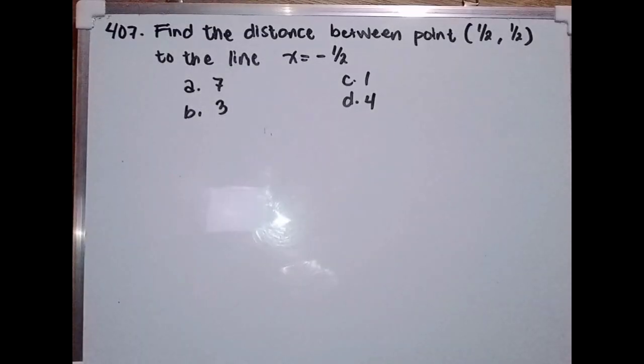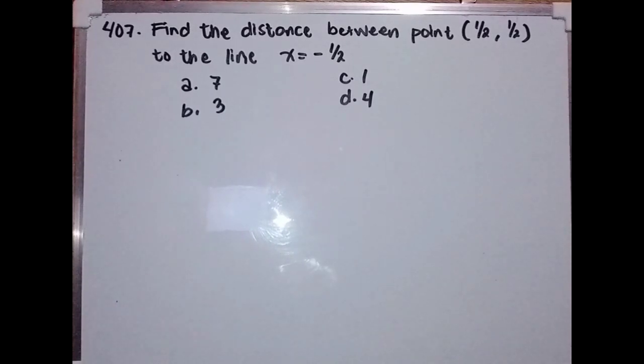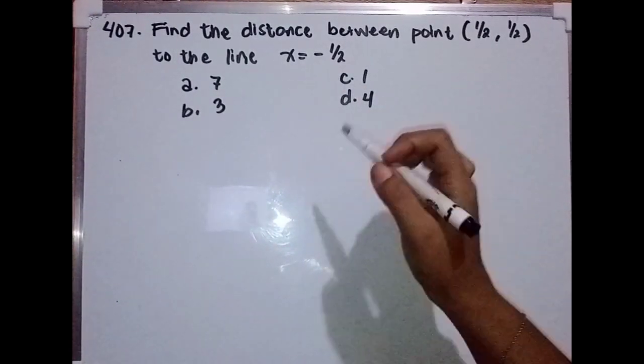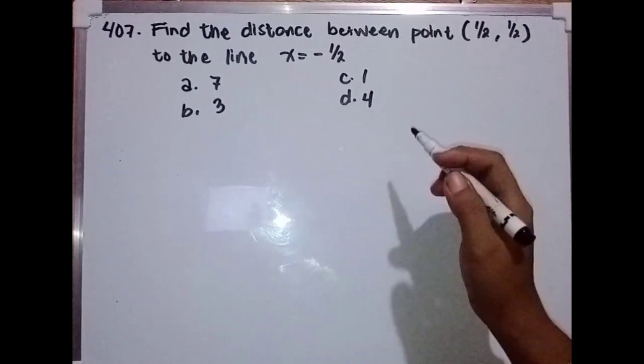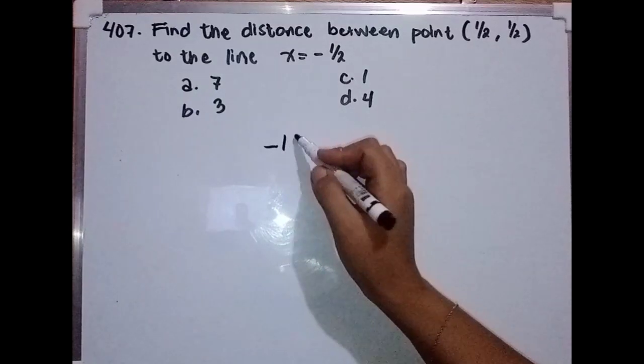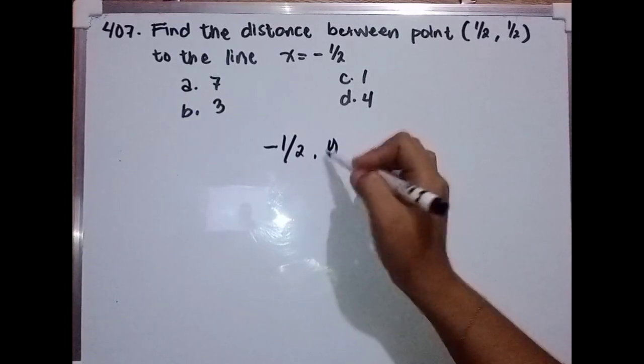Let's proceed to 407. So find the distance between point (1/2, 1/2) and the line x is equal to negative 1/2. The line x is equal to negative 1/2 is a vertical line passing through the point (negative 1/2, y).